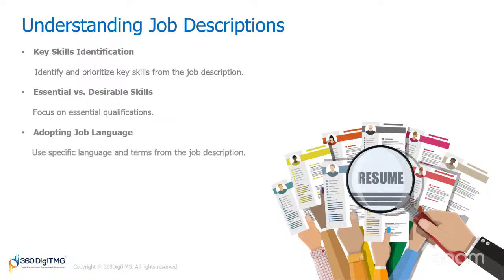Then you should focus on basic qualifications, whether you have all those qualifications or not, whether you have all those certifications or not. Then you should adopt the job language. If you read the JD, you can understand what kind of work culture that company has, what kind of projects they might be doing, and what kind of work they are expecting.